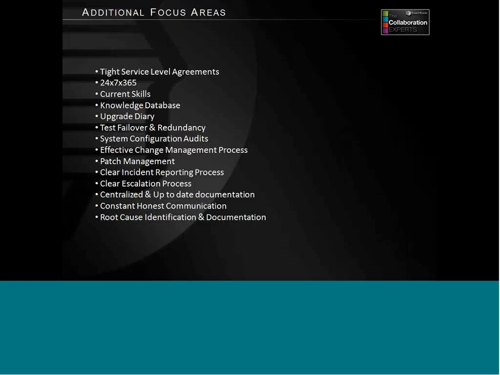The fourth one was the knowledge database, and it's surprising the number of companies that when we start to work with them are not institutionalizing the knowledge that they build every day through dealing with issues and faults in their systems.